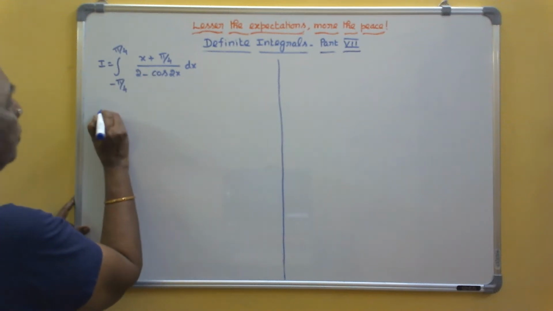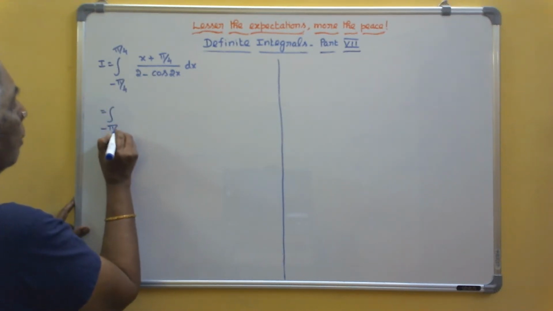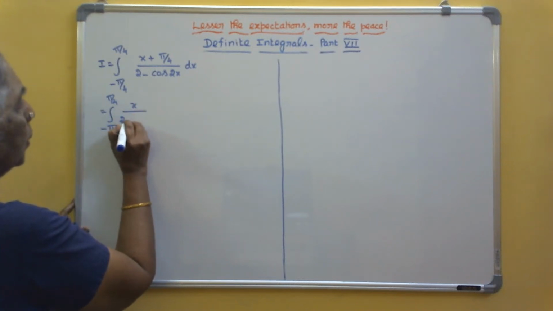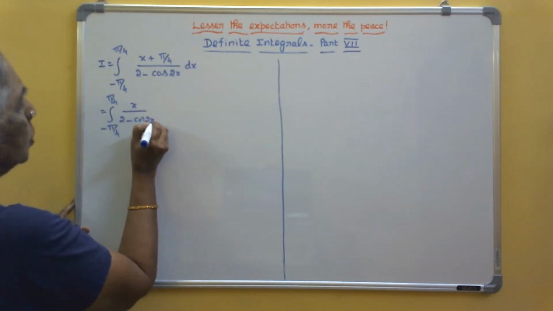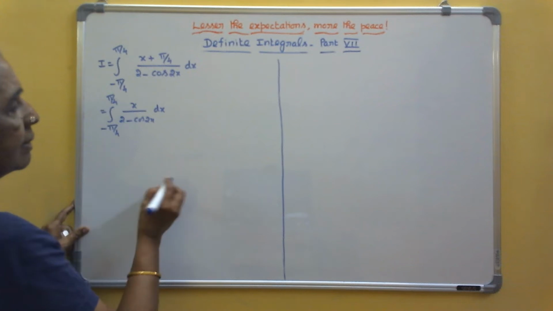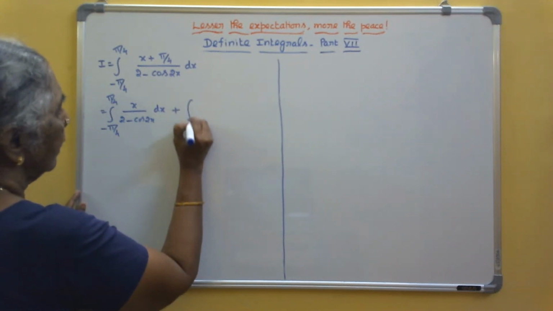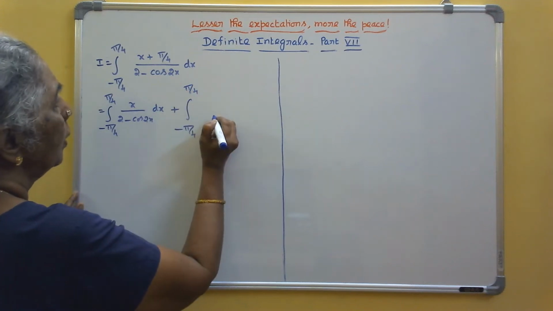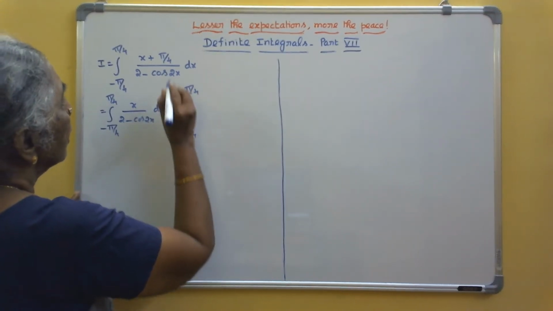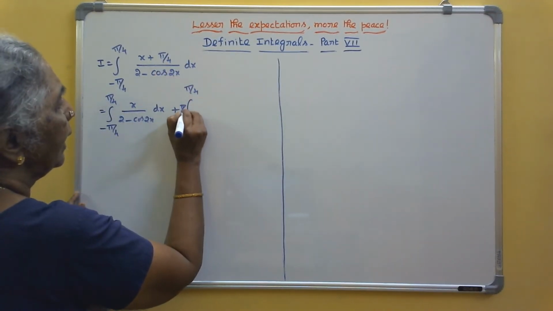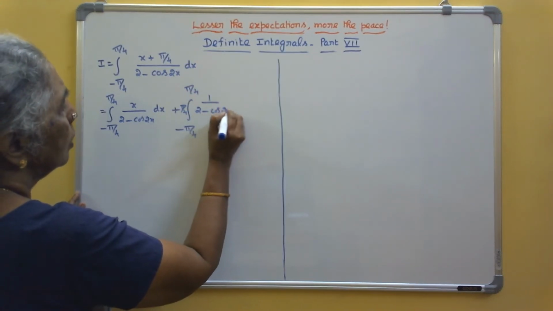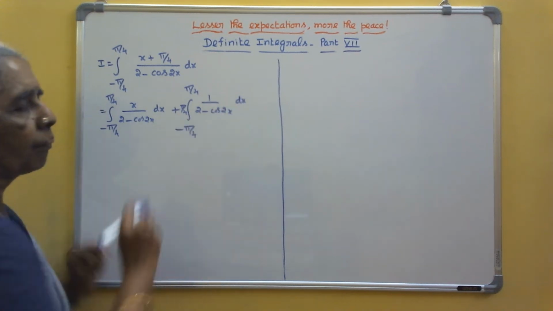So now I am going to write it as integral minus pi by 4 to pi by 4 x by 2 minus cos 2x dx, then plus integral minus pi by 4 to pi by 4. This pi by 4 I can take outside. So 1 by 2 minus cos 2x dx.